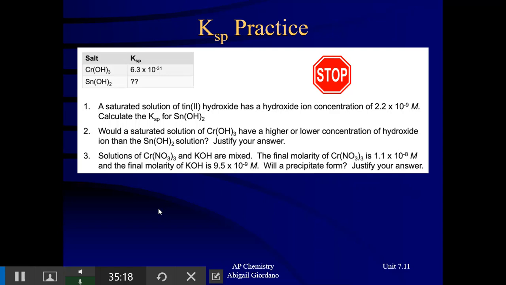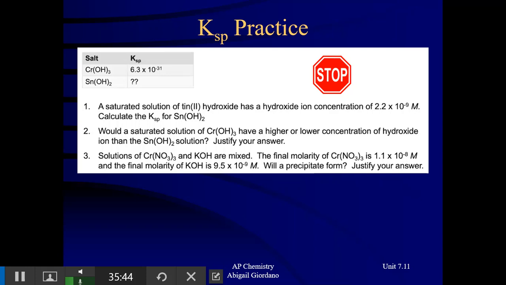Well, if you look at these two reactants that are being mixed, chromium nitrate and potassium hydroxide, and predict your products, we would have potassium nitrate, which, hopefully you're remembering your solubility rules, has an alkali metal and a nitrate. That is definitely a soluble compound.